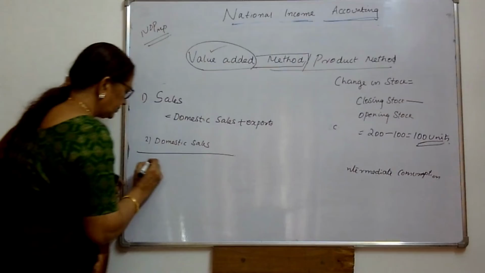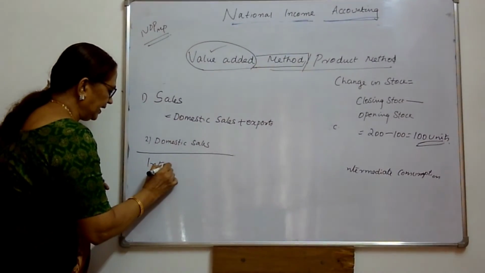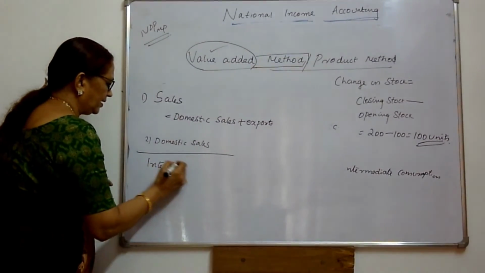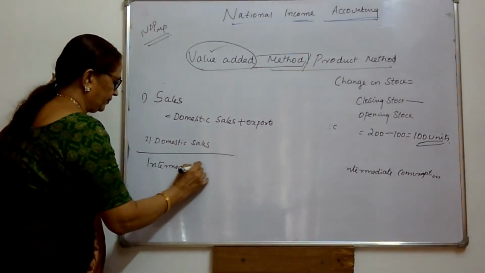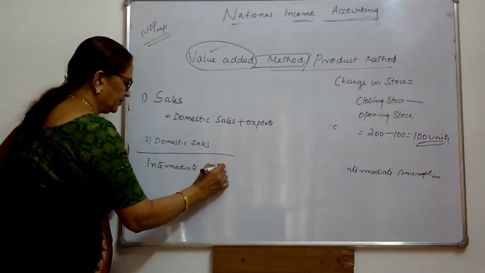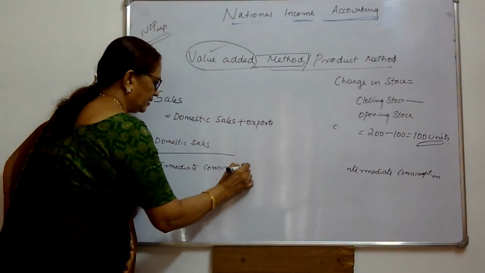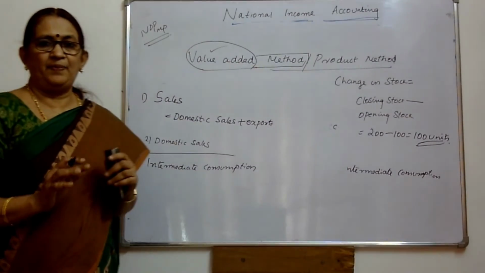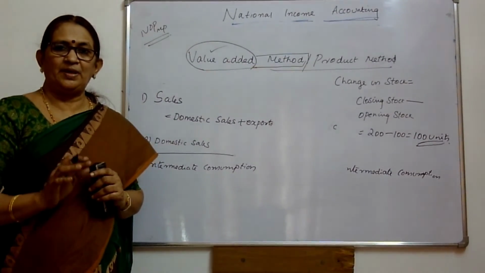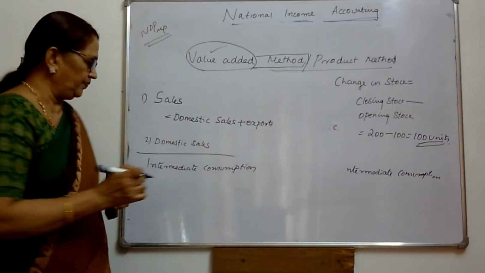Now, intermediate consumption. Intermediate consumption is the purchase of raw materials for producing a good.